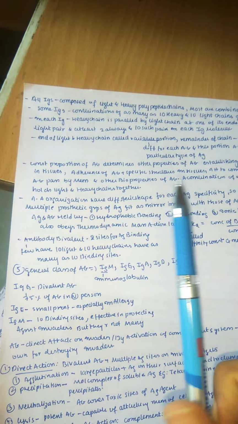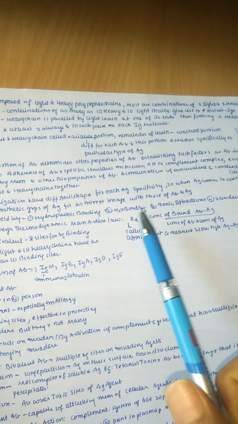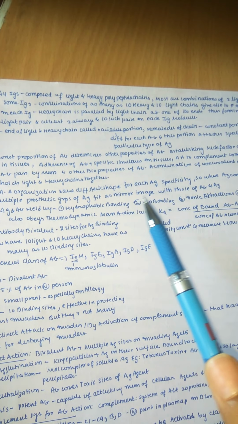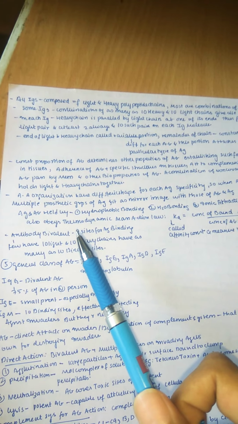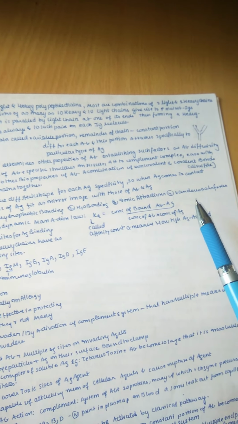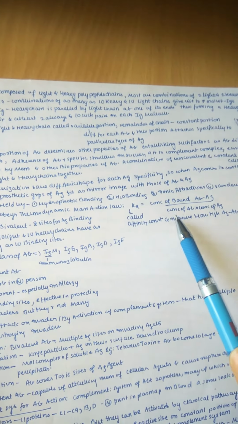The amino acid organization has different shapes for each antigen specificity. When antigens come in contact with the antibody, multiple prosthetic groups of the antigen fit like a mirror image with those of the antibody. Antigen and antibody are mainly held by hydrophobic bonding, hydrogen bonding, ionic attractions, and van der Waals forces. It also obeys the thermodynamic mass law, like Ka.